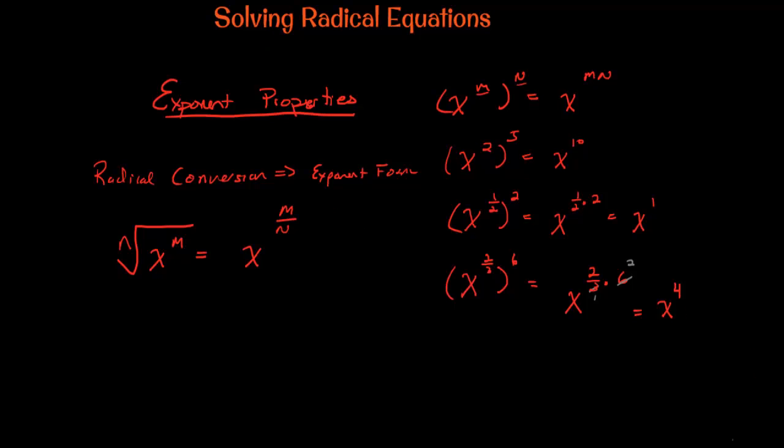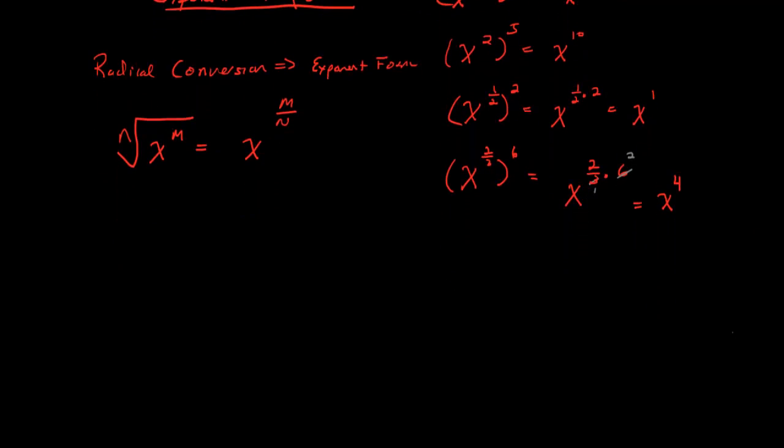So let's go ahead and look at the most common example. Let us say that we looked at the square root of x. Let's say we want to convert this to an exponent form. Even though we don't see the index, whenever you don't see the index of a radical, we automatically know it to be a value of 2. Just like whenever we don't see the exponent of a value, we automatically know it to be a value of 1.